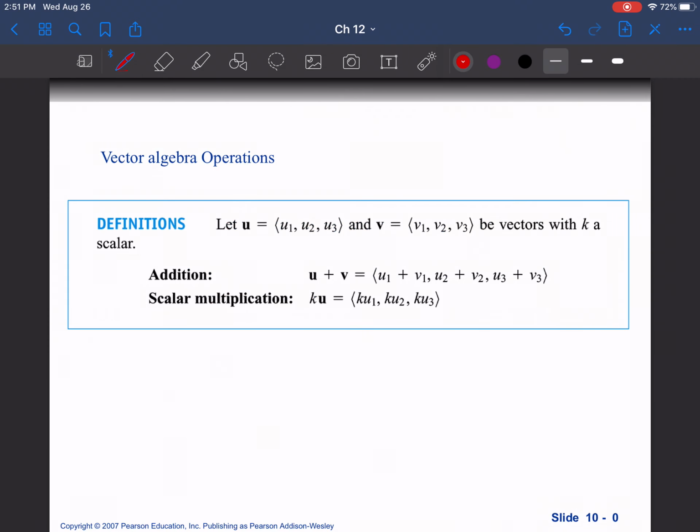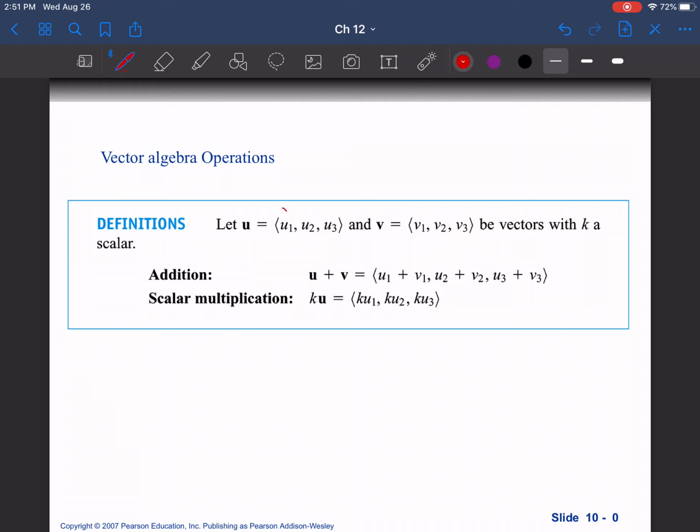So now here are the algebraic operations we can do with vectors. First, if vector u has component form u1, u2, u3, and vector v has components v1, v2, v3, and we have a scalar k, we can add these two vectors together simply by adding the corresponding components.